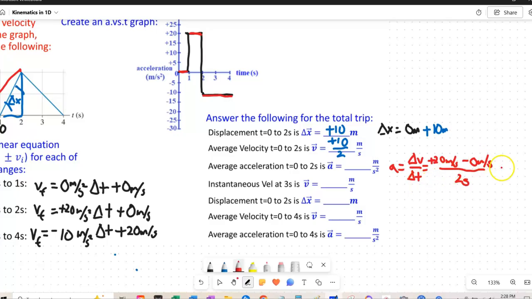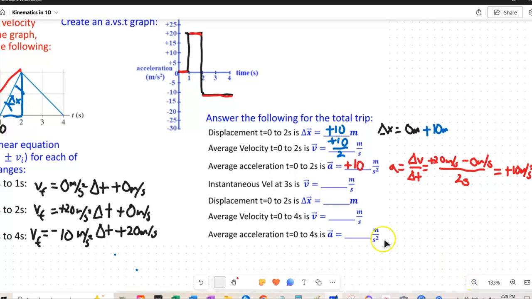So that acceleration is going to be positive 10 meters per second squared.